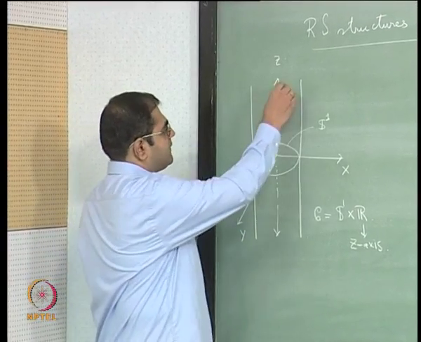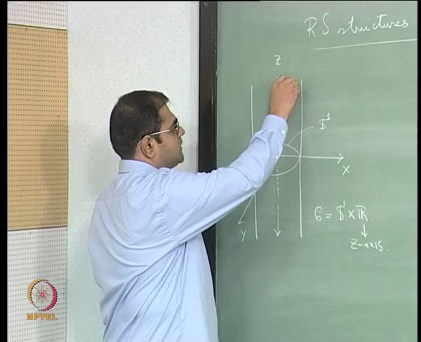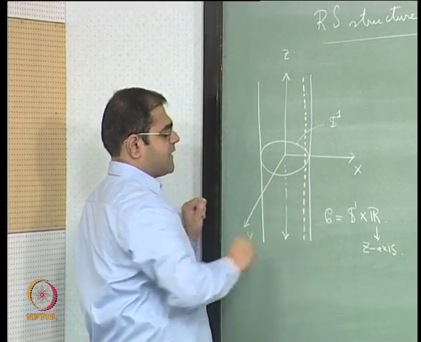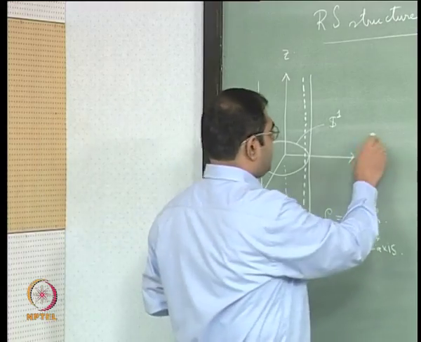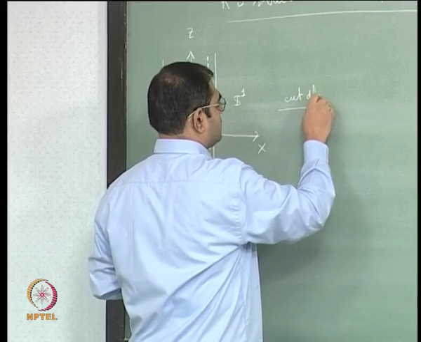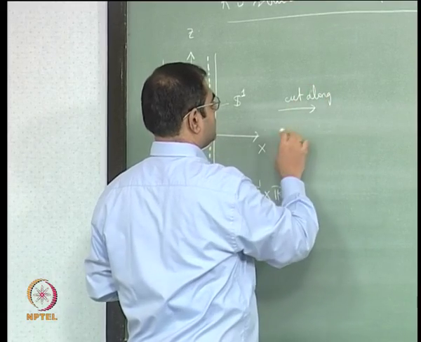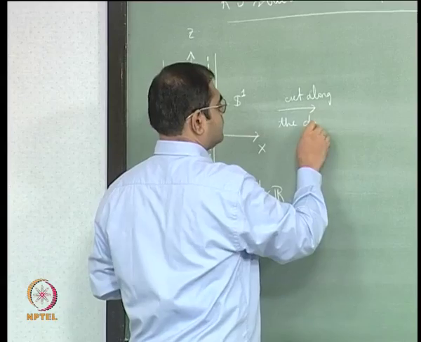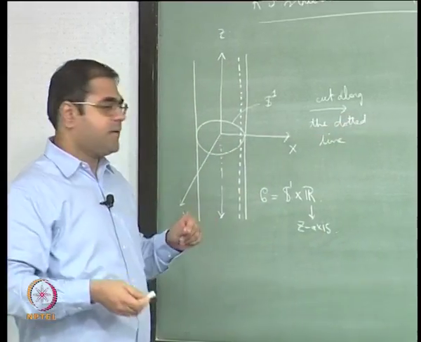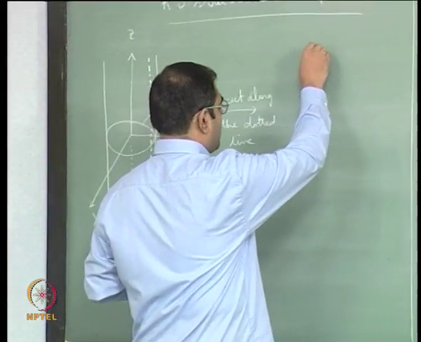So what I do is, let's draw a dotted line on the cylinder parallel to the z axis, and let me cut along the dotted line. When I do that, I will get a strip like this.